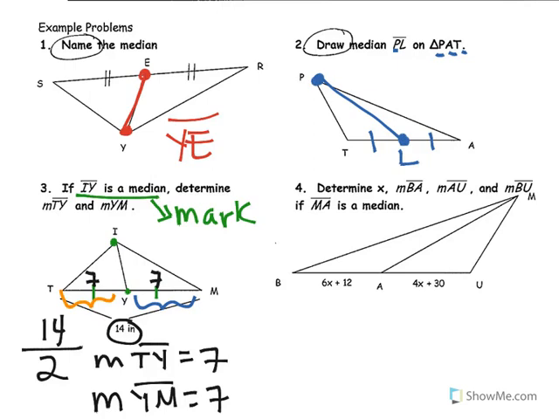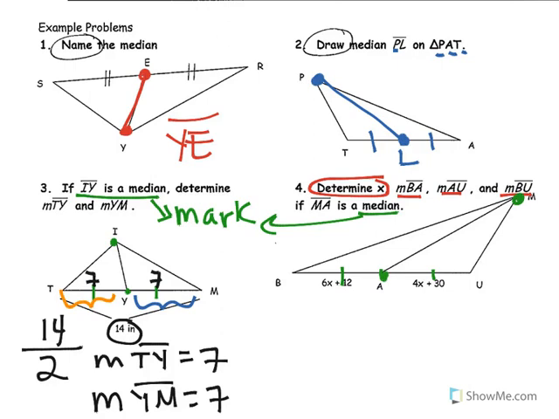Now let's look at number 4. So number 4, my goal is to determine the value of x and some measures, but I'm going to skip that for now. If MA is a median, again, what we should do first is take this fact and mark it. So since MA is a median, here's M, here's A, there's my vertex, here's my midpoint, I'm going to put some tick marks in. We know that when we're determining x, we need to set up an equation.